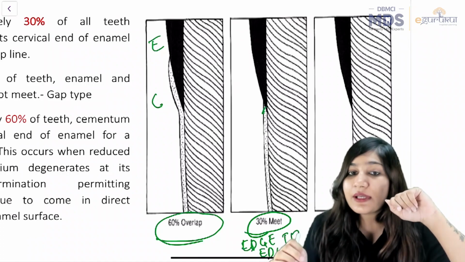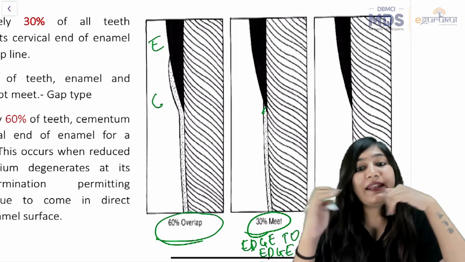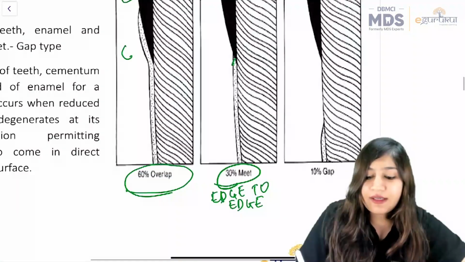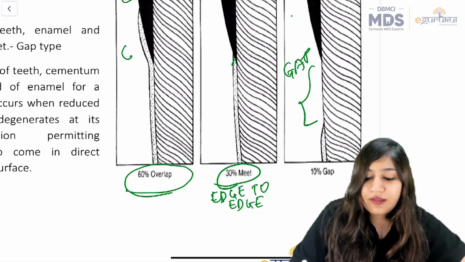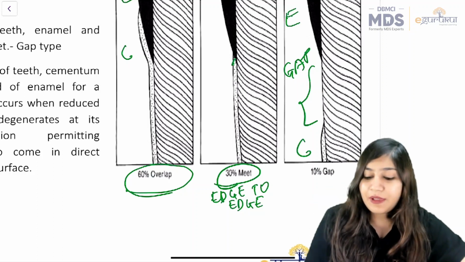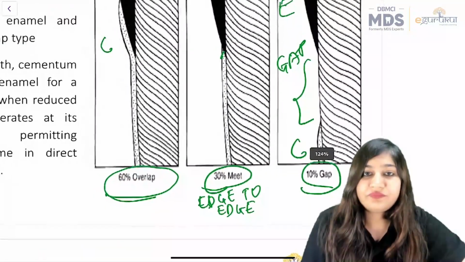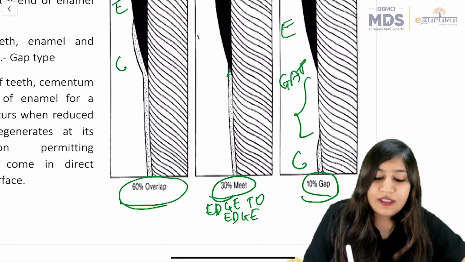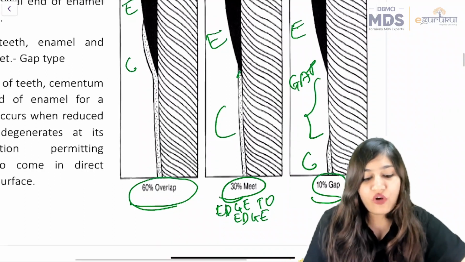While in 60% of the teeth, cementum overlapped enamel. And in 10%, as you can see here, there is a gap between enamel and cementum. So in 10% of the teeth, we will have gap junction. So most common is edge to edge, obviously.